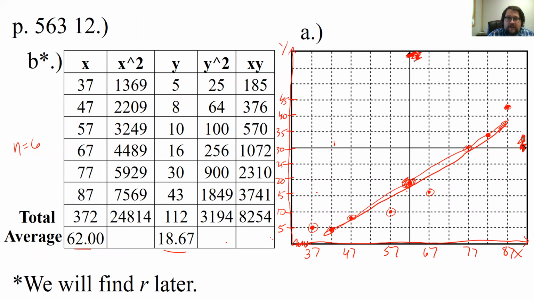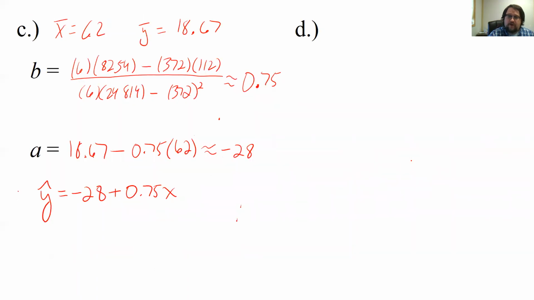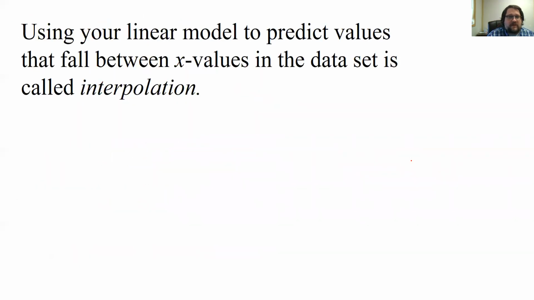I could make those predictions now using either this line, if I did a better line, or the equation, which would probably be a better option to calculate that. I can make some predictions about those values, and they would be pretty good based on that data. And that's called interpolation, when you're picking a number between those data values.